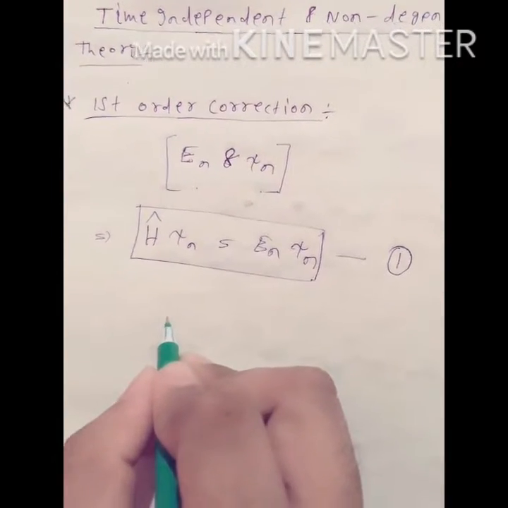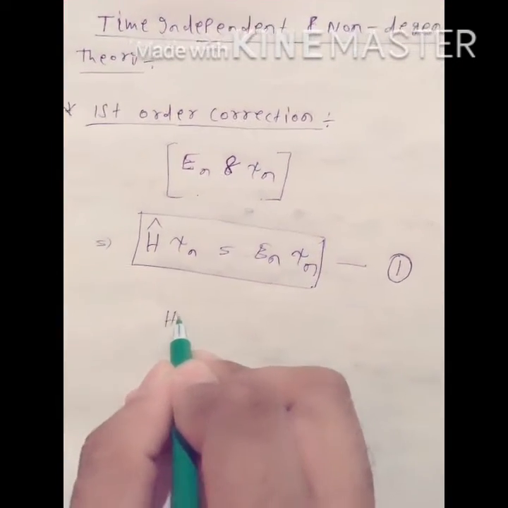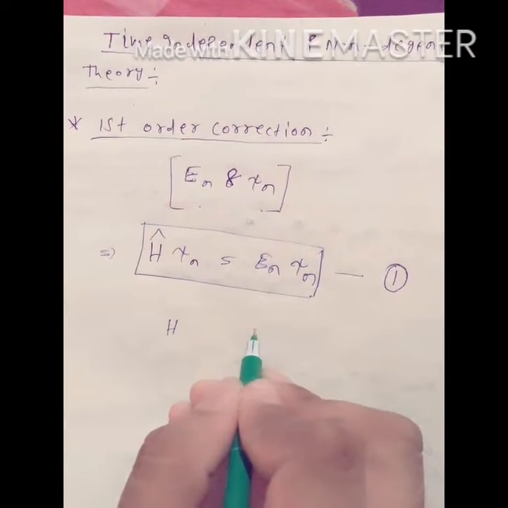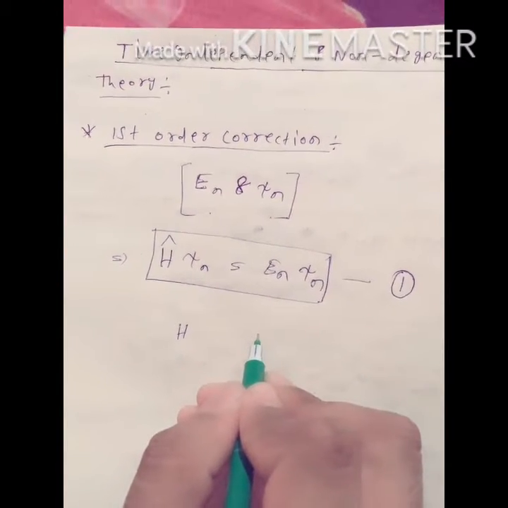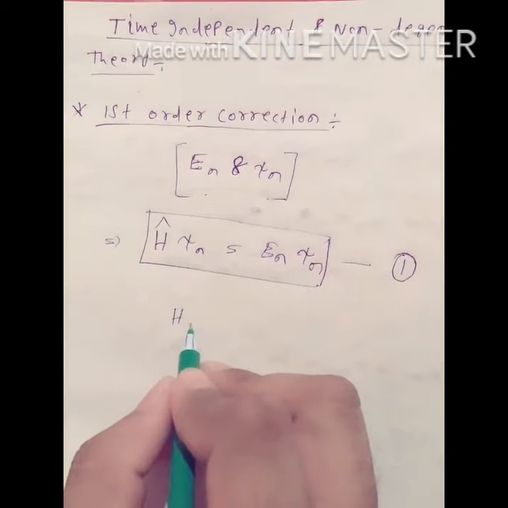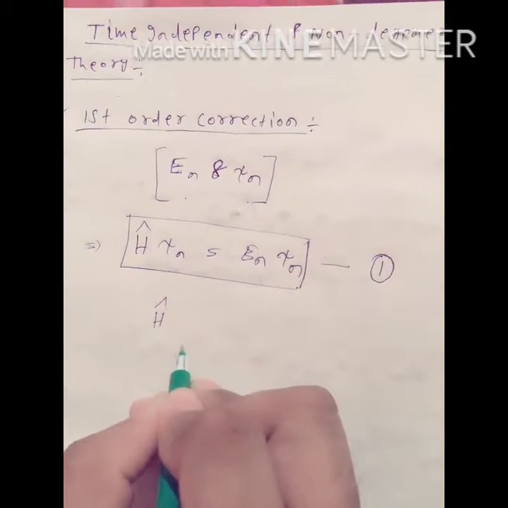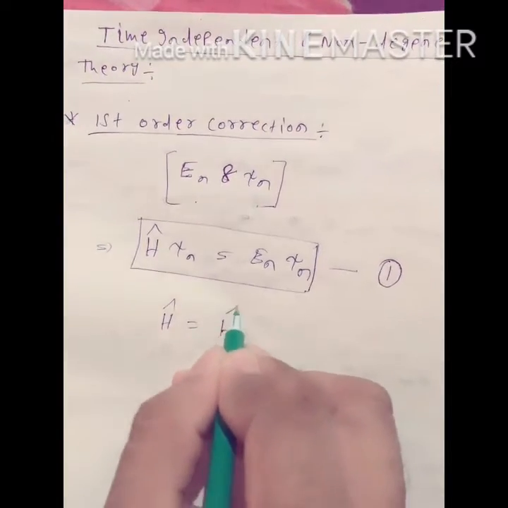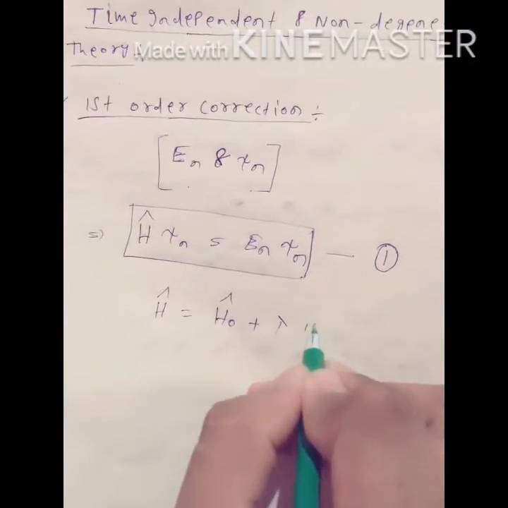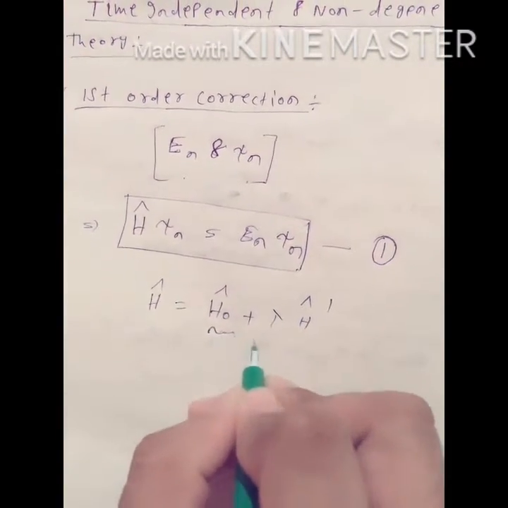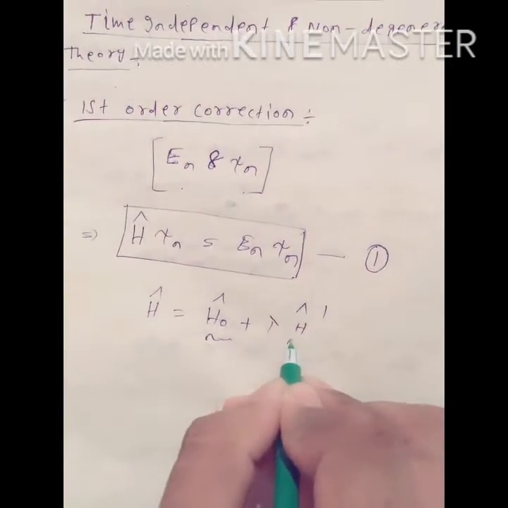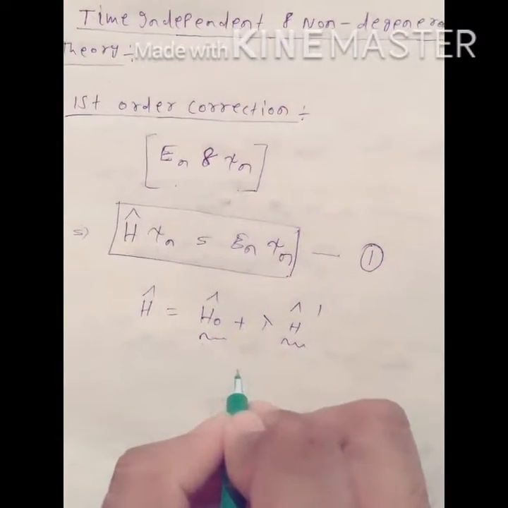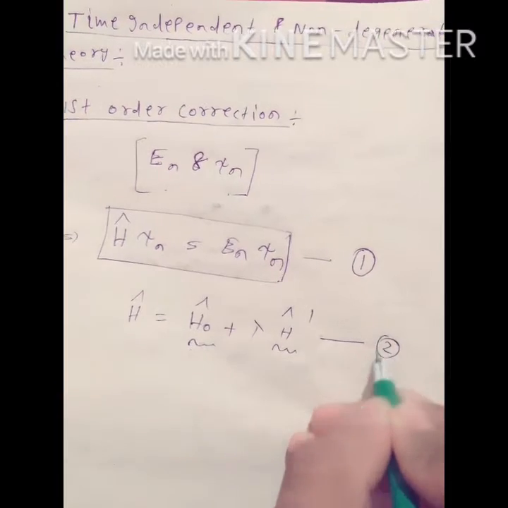We already discussed the total Hamiltonian in the last class, so please go back to the last class of my perturbation theory. H cap, the total Hamiltonian, is H naught plus lambda H prime, where H naught is the unperturbed Hamiltonian and lambda H prime is the perturbation. This is equation number 2.